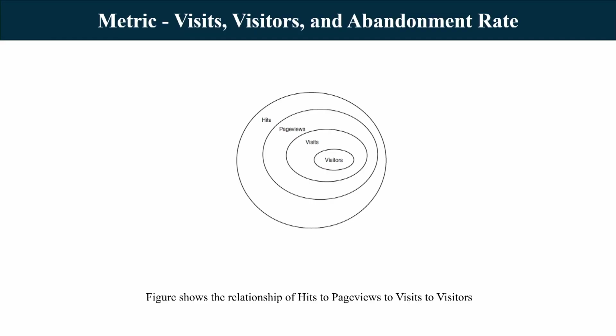The figure displayed on the slide shows the relationship of hits to page views, to visits and to visitors. We can conclude that visitors are a subset of visits, which are a subset of page views, which are a subset of hits.